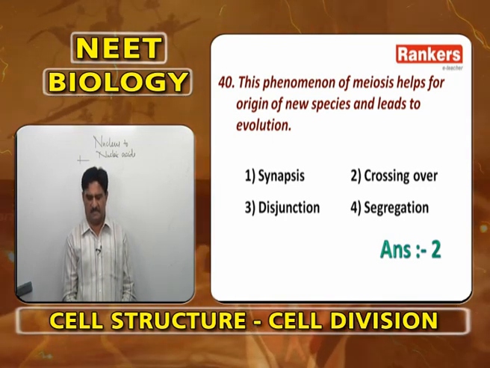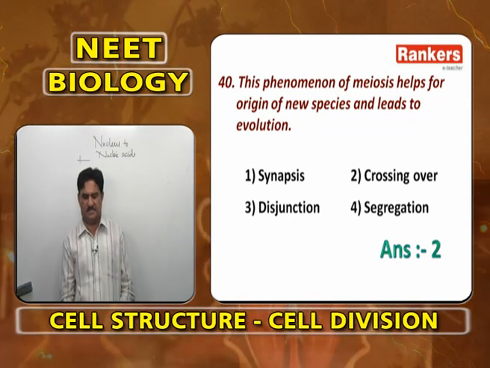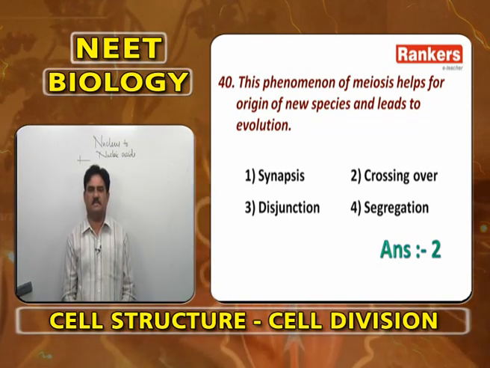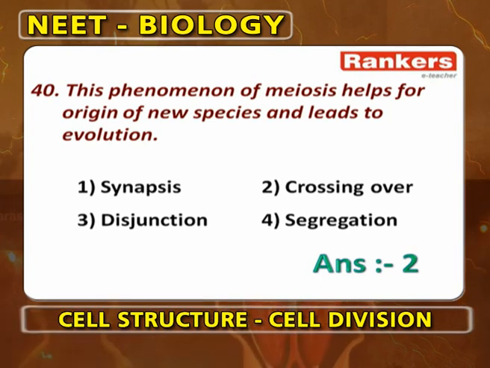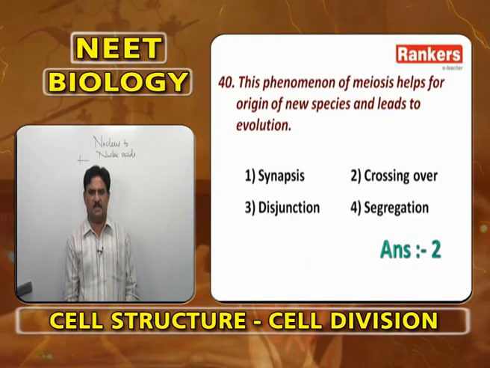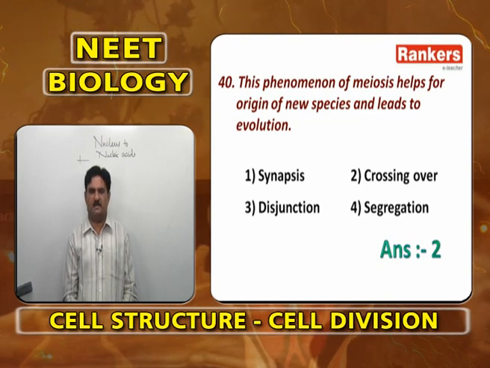Disjunction or segregation, both are same. So crossing over, which occurs in pachytene, helps in the origin of new species. Crossing over leads to recombinations, recombination leads to variations, variations lead to origin of new species, and that helps in evolution. No two persons look alike is due to crossing over.